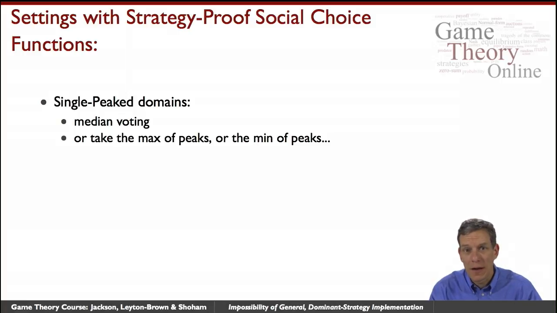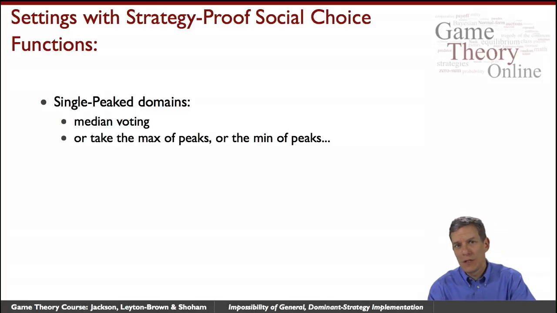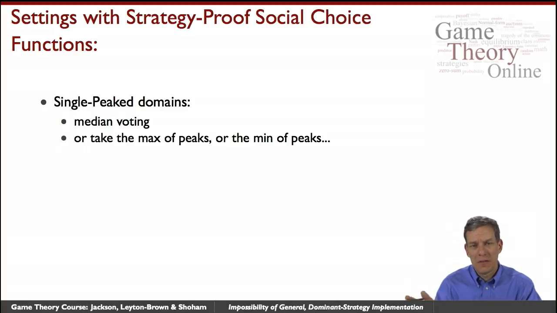We've already seen one, in fact: median voting on a single peaked domain. As we mentioned there, if you're asked for your preferences, you have no reason to try and distort your preferences. The median peak wins, and the only way to change that is to flip over and announce something on the other side, which would be worse for a given individual. You could also take the max of the peaks.